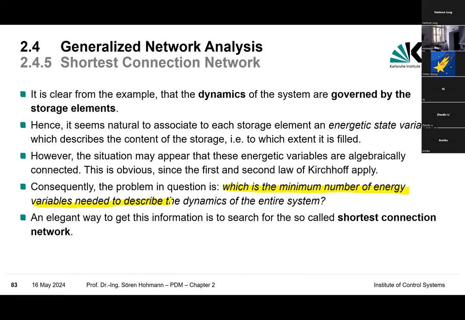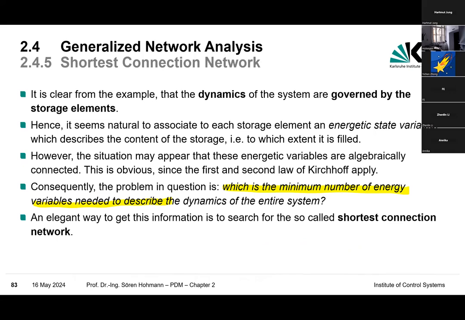Perhaps you have friends in the mechanical engineering domain who learn something in that direction. They learn to define mechanical systems, to find the redundant coordinates, non-redundant coordinates, non-redundant system variables. That's their task, and it's something you have to learn. For you as electrical engineers, it is quite easy to find this for the kind of circuits we look at, and this information is entirely stored in the graph of the equivalent circuit.